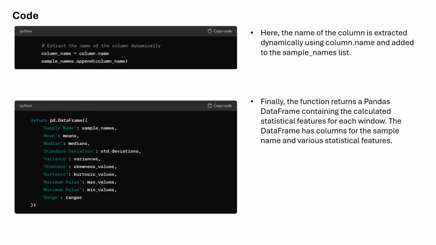Here, the name of the column is extracted dynamically using column.name and added to the sample_names list. And finally, the function returns a pandas data frame containing the calculated statistical features for each window. The data frame has columns for the sample name and various statistical features.